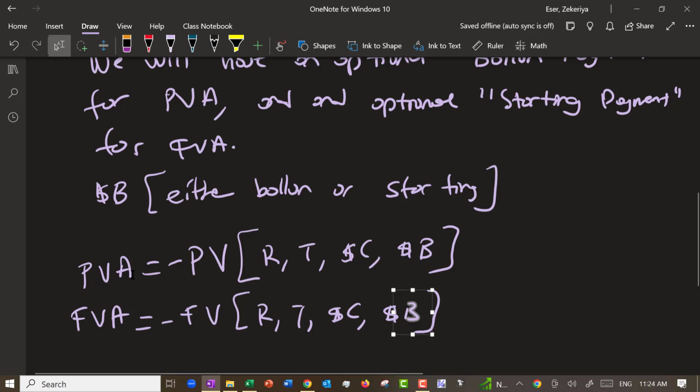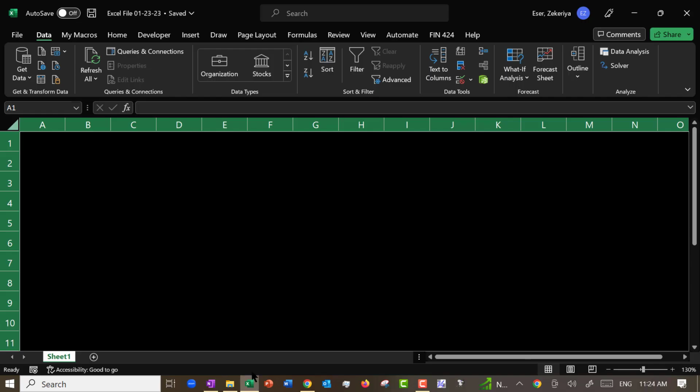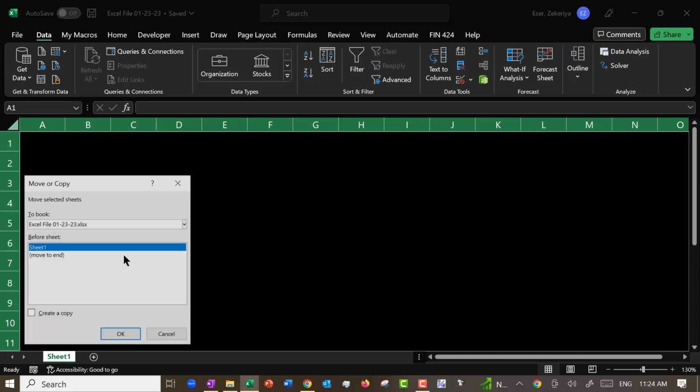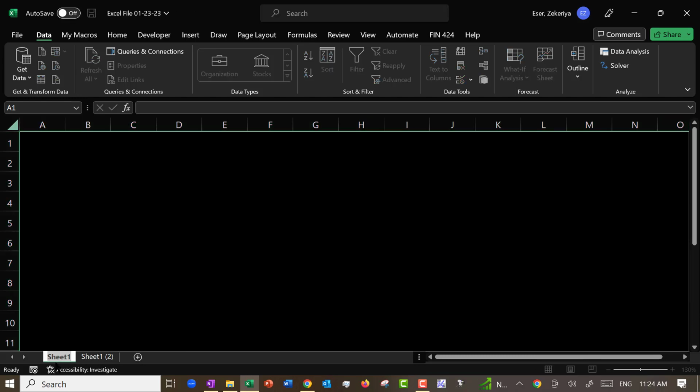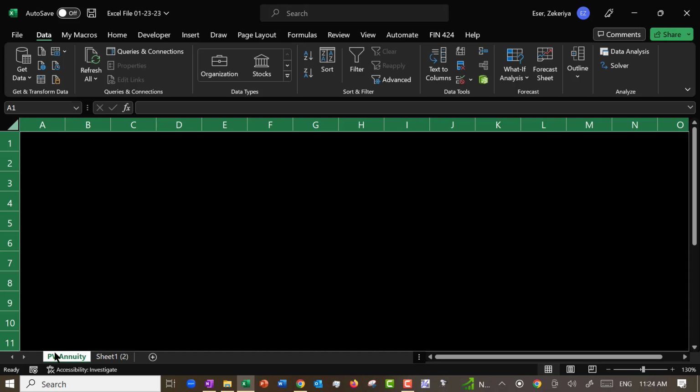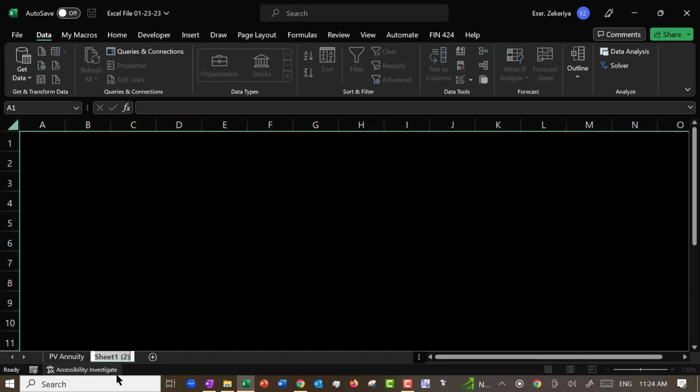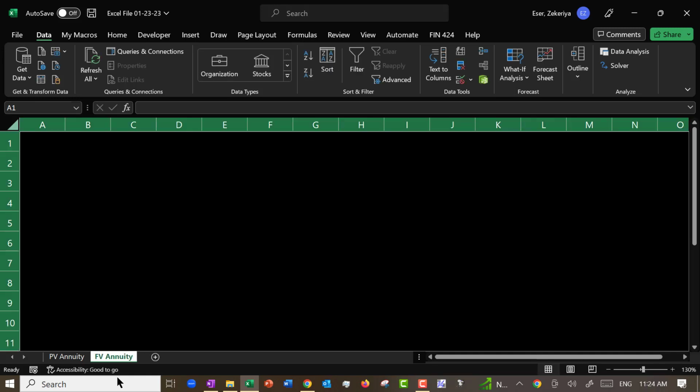First, let's set up templates for both present value and future value. Now I'm going to duplicate this sheet because I like that black background. Let's call this PV annuity. And I'm going to call this FV annuity.